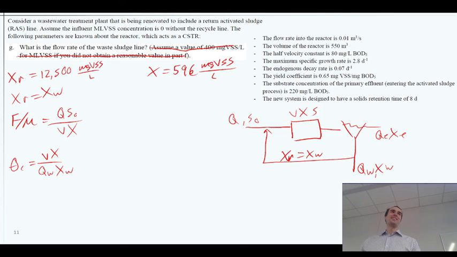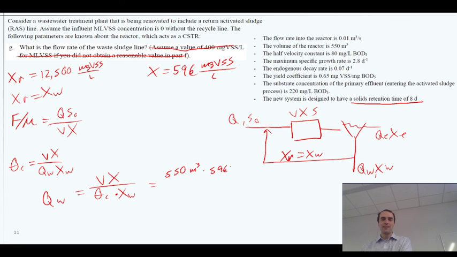If it were me, I would take a look at the solids retention time of 8 days here and say, okay, what we're looking at is we need to solve for QW, which is Vx divided by theta C times XW, and I think we've got everything at that point. So it should be the volume, 550 cubic meters, times the X that we solved for, 596.